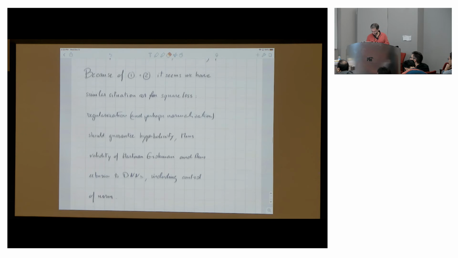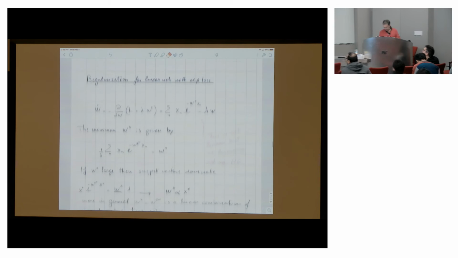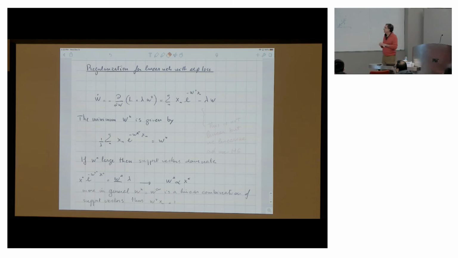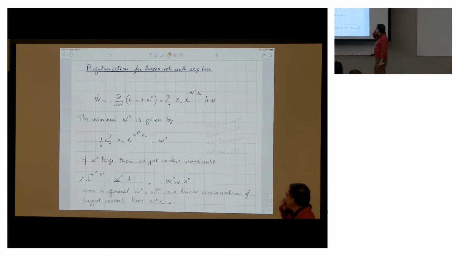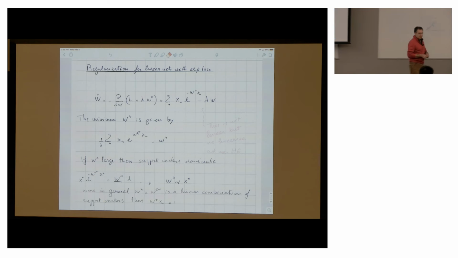So let's see. I will show you one variation of gradient descent that gives a simple proof of what Srebro has obtained.